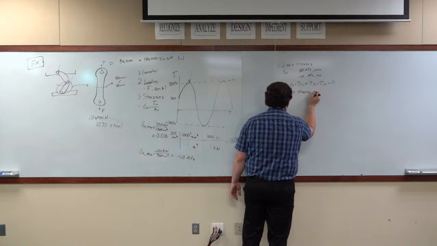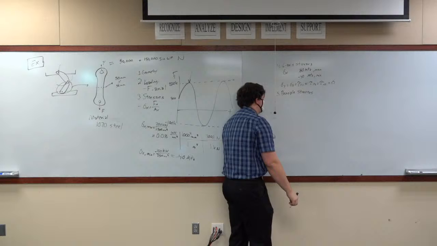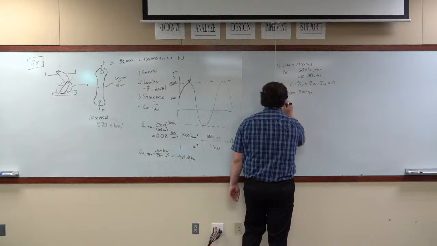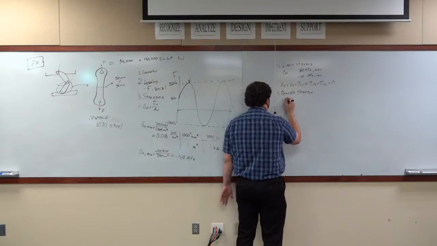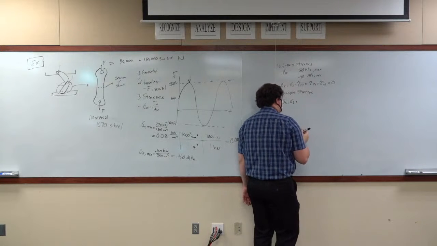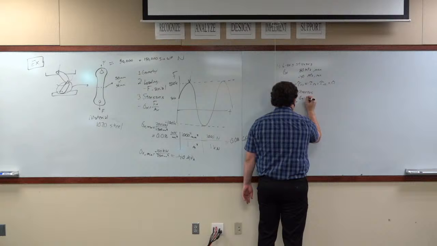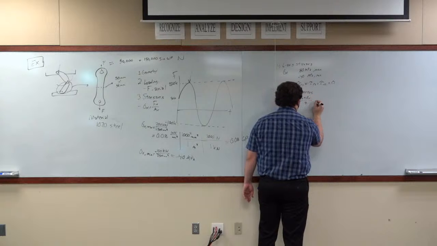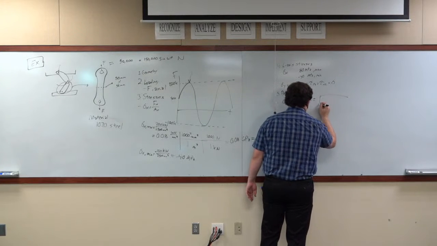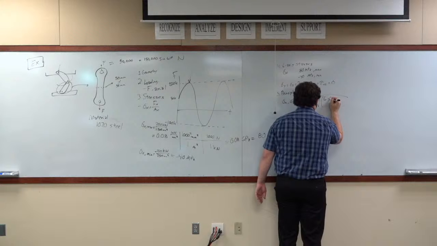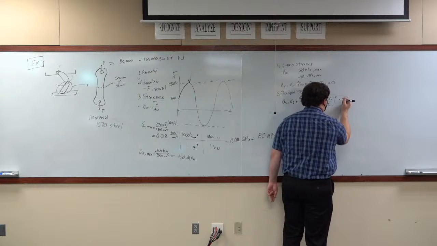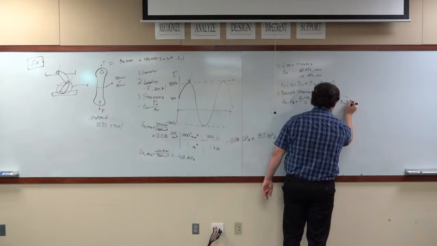This is going to be the dumbest calculation we've ever done in this class. Even dumber than that one, and that was pretty dumb. The equation for principal stresses in planar loading are sigma A, sigma B is equal to sigma x plus sigma y divided by 2 plus or minus the square root of sigma x minus sigma y over 2 squared plus tau xy squared.